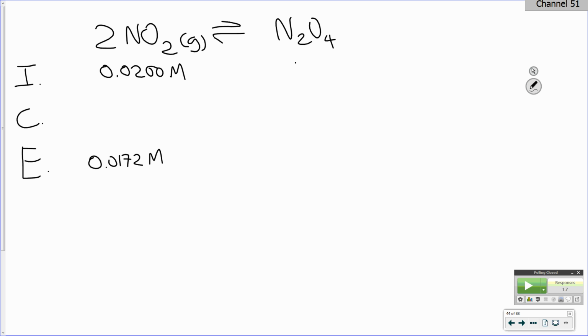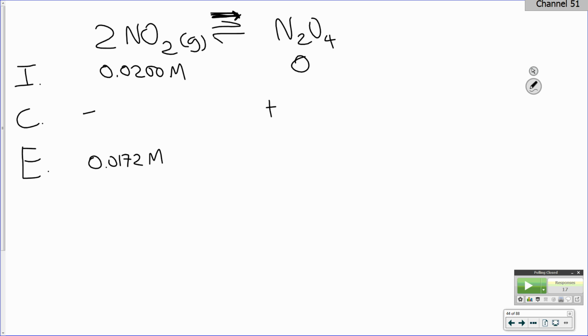Now, there wasn't any of the product initially, so the reaction had to proceed in the forward direction. It's the only way it could have gone. So this one had to decrease, and this one's going to have to increase by a corresponding amount.